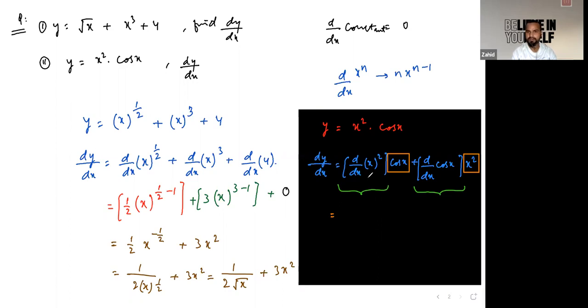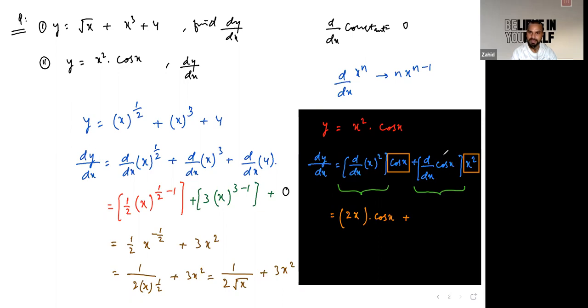Yes, Akash. We have in the first part differentiation of x squared. So according to this rule, what would it be? It would be 2x raised to 2 minus 1, so it'll be 2x. Good. And cos x would be just multiplied with it.